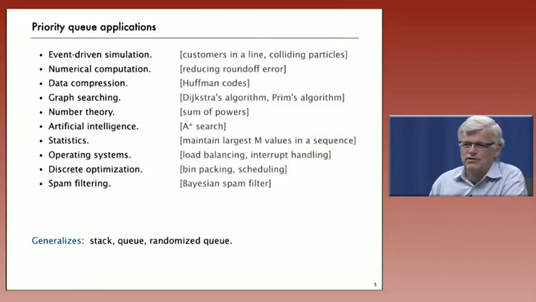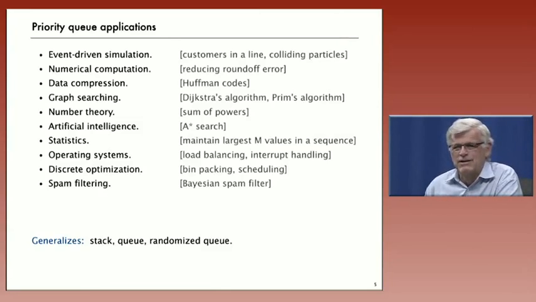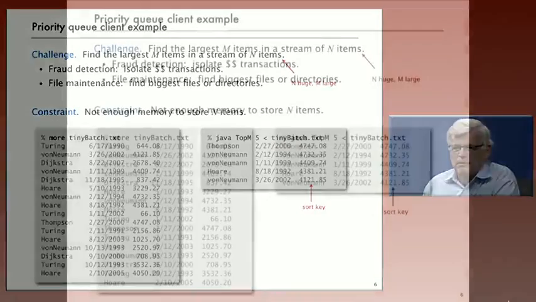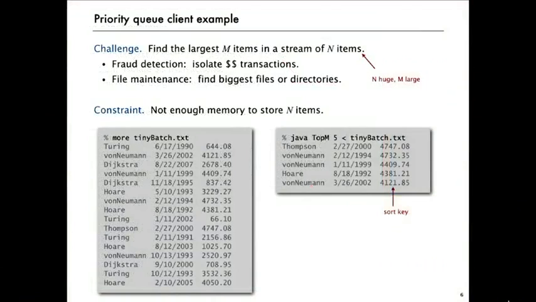It generalizes the stack and the queue and gives us a data structure that we can use to effectively design algorithms of all sorts. So here's a particular client that will help explain the idea.